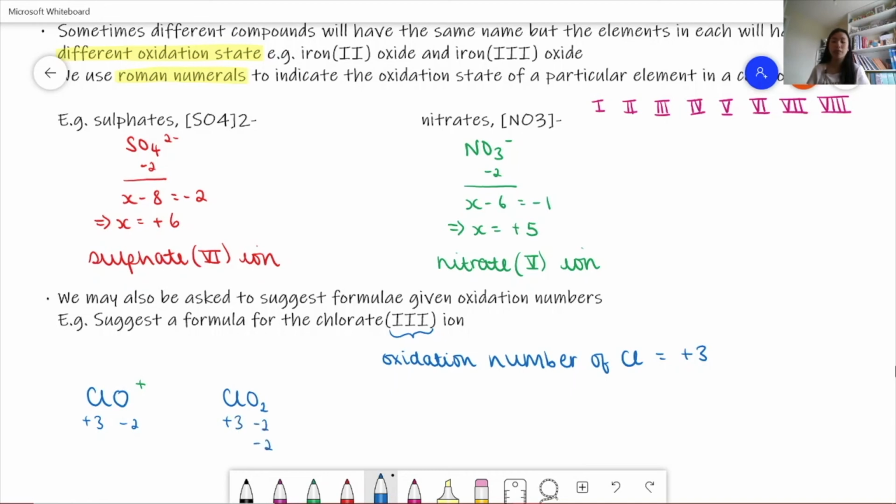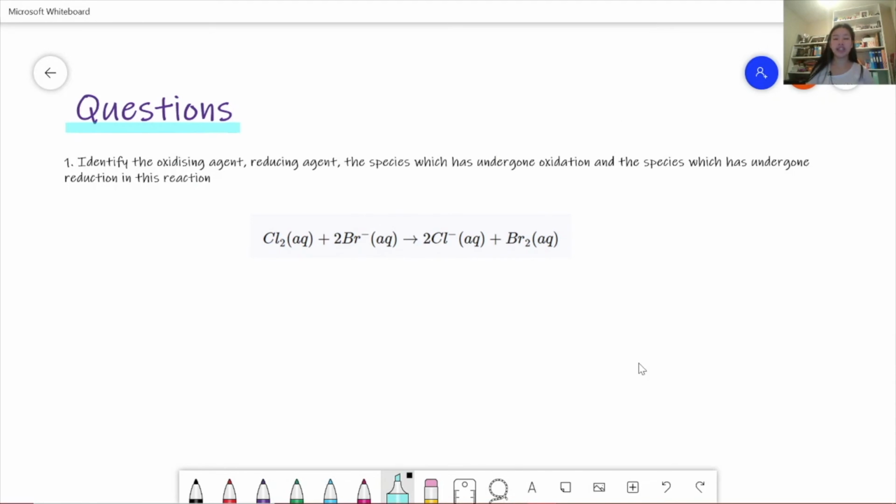So it'd be +3 - 4, which is equal to 1-. And so this must be our formula for this chlorate ion. So we have that formula for chlorate 3 ion, ClO2-.